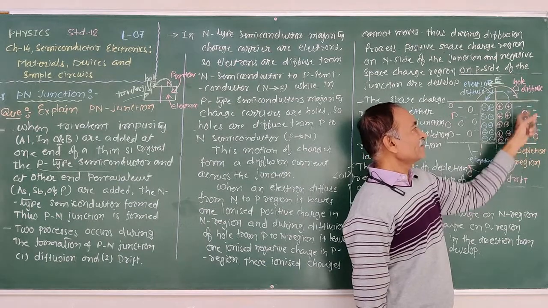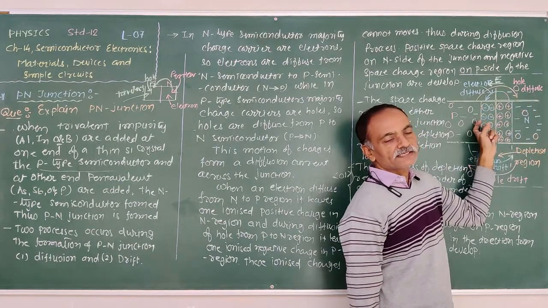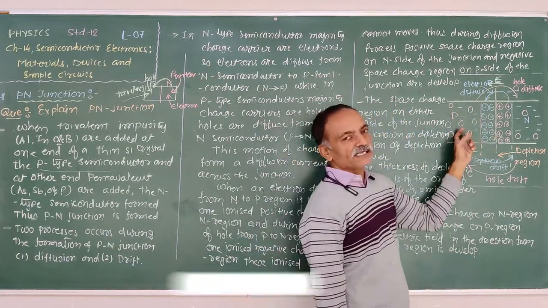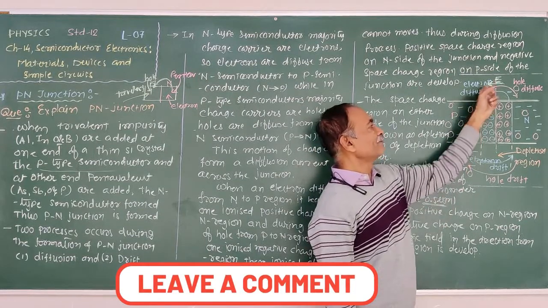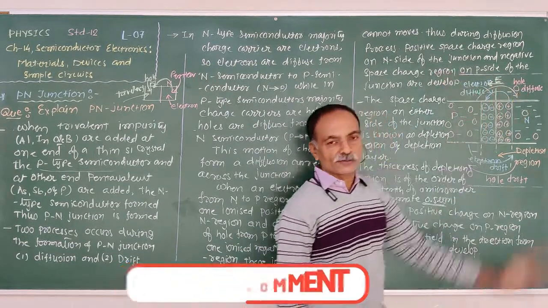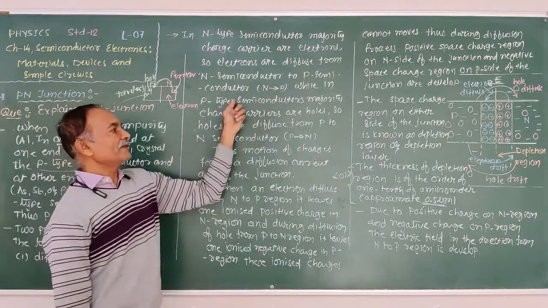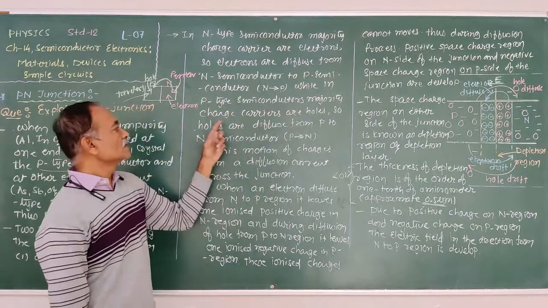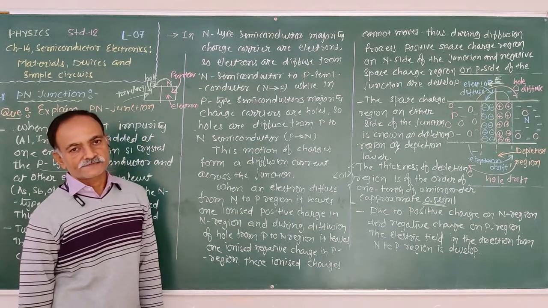Therefore, the electrons diffuse from N-type to P-type semiconductor. While in P-type semiconductor, the majority charge carriers are holes. Therefore, the holes diffuse from P semiconductor to N semiconductor. So, holes diffuse from P to N semiconductor.